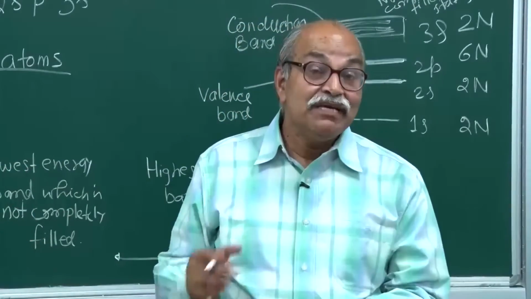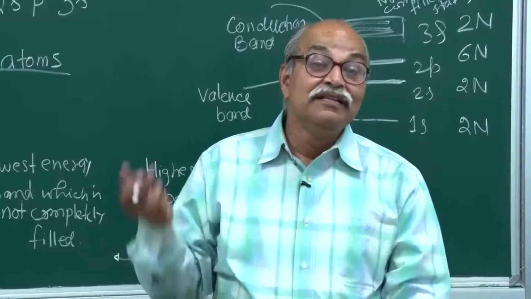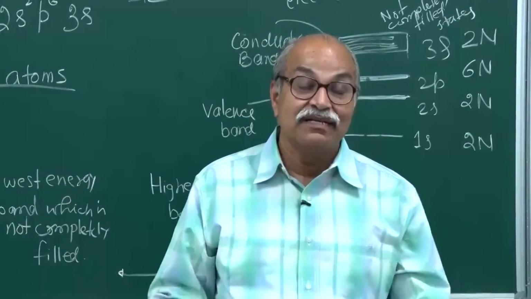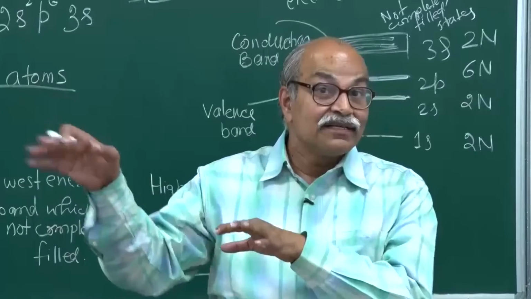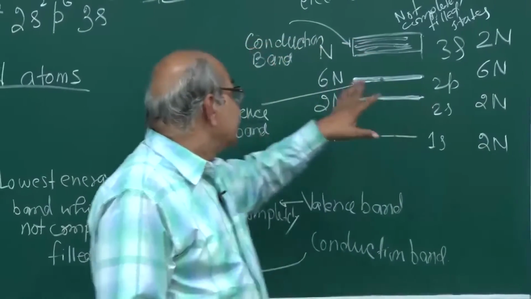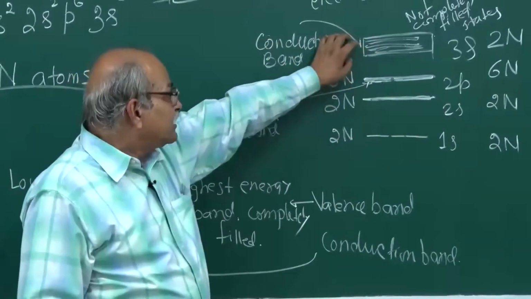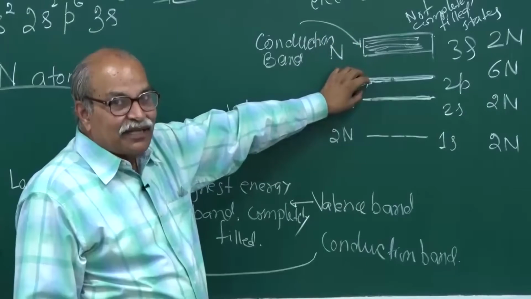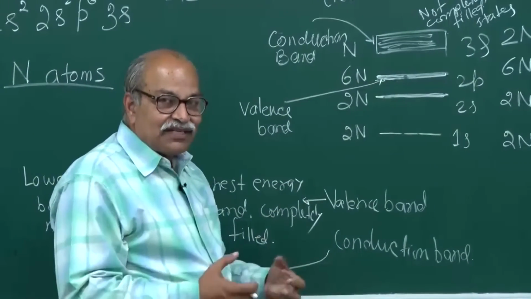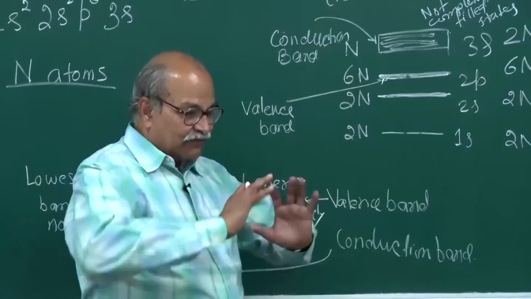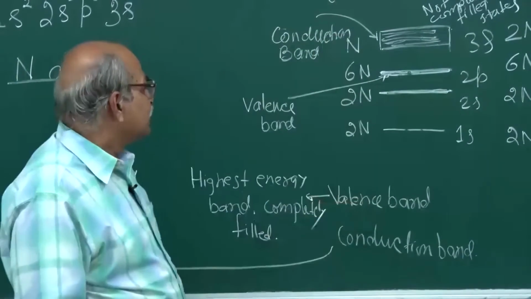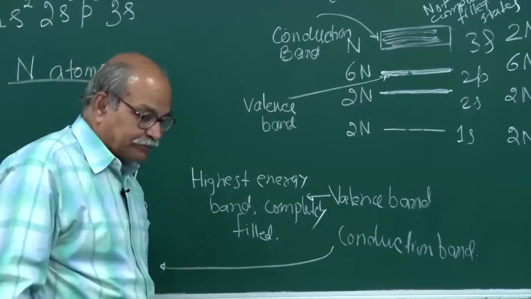That is what we mean when we say these are free electrons, free to move in the entire solid material. So this is why it is called the conduction band, and below that you have the valence band. Those electrons are all attached to the nucleus, to that crystal. The wave functions are more localized. So this is how the thing happens.